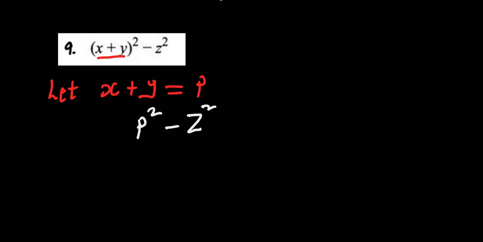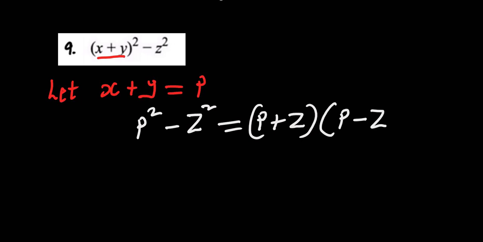And automatically we now have a difference of squares, which can now be written as p plus z and p minus z. So at this point we can substitute the value of p back into this position, because we said let x plus y be equal to p.